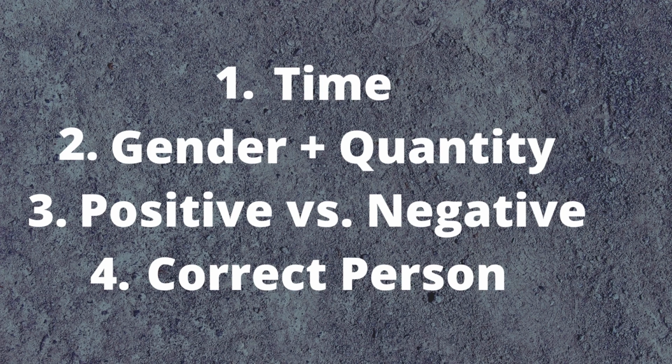Second, you'll adjust the word to the correct gender and quantity it's representing. Third, you'll have to add the word lo when wanting to form a negative phrase. Fourth, you're going to have to adjust the li to correspond with the right person. I know it all sounds quite scary and confusing, but once you get the hang of it, it becomes much easier, I promise.